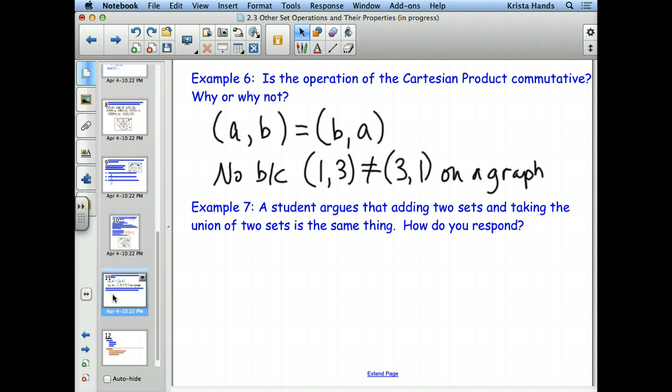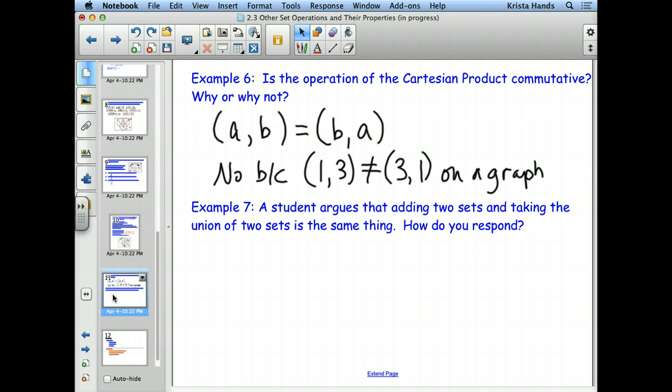So I'm going to come back to the question that Nicole asked in the earlier section. Do you remember the phrase that it used? What was that word? Well defined. Addition is not well defined. In fact, we didn't define it at all, did we? There isn't such a thing as addition of two sets. It doesn't exist.